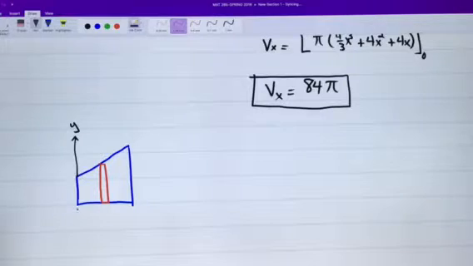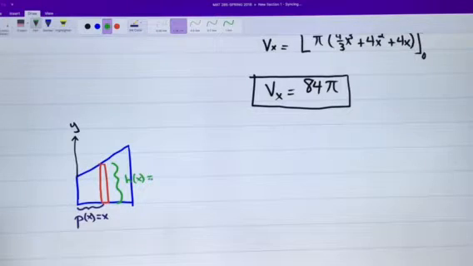So we have revolution about the y-axis. For the projected radius, p of x is equal to x. And in terms of the height, h of x, again we have the upper function minus the lower function, like what we had in determining the area. So h of x is 2x plus 2.